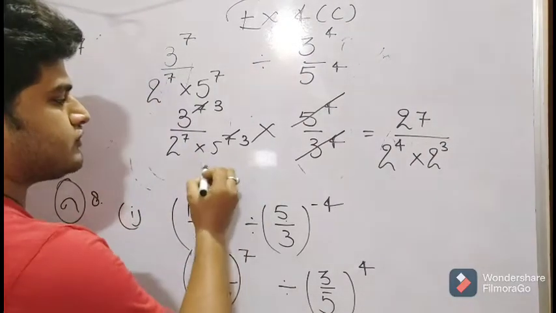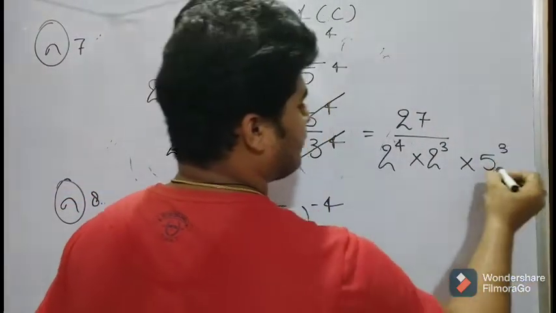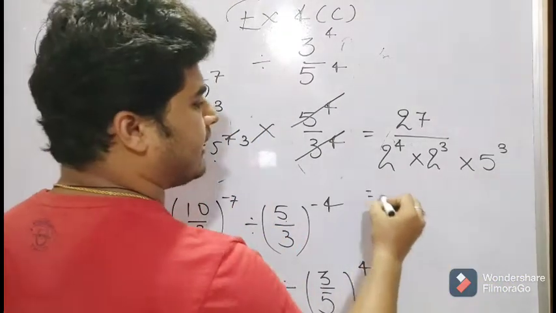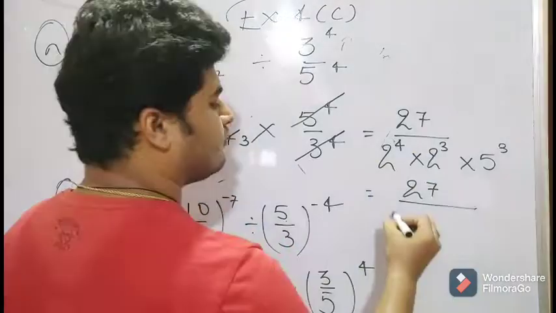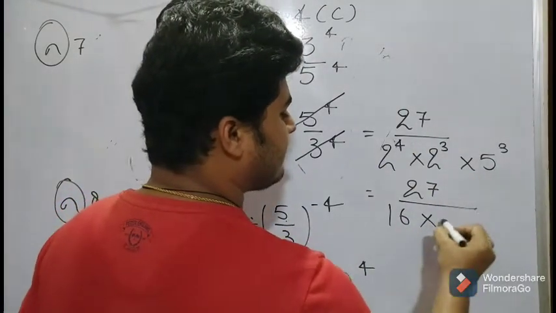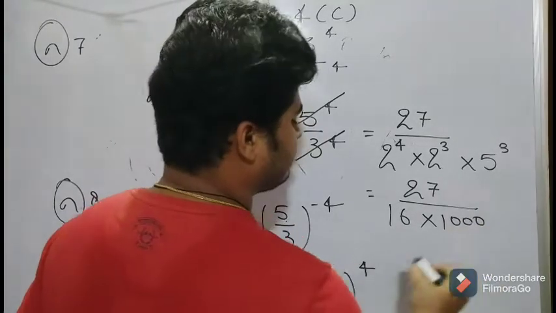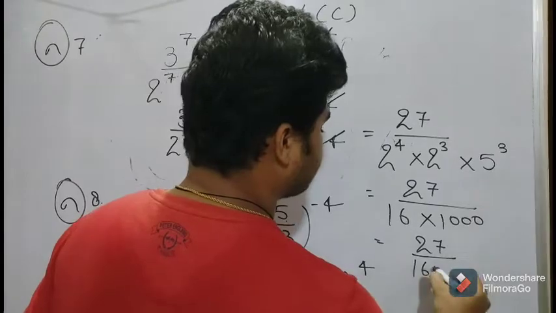Now why am I doing this? Because there is 5 to the power 3, so 2 and 5 both will have the same power and they will be multiplied. So it will become 27, 2 to the power 4 will become 16, and 2 into 5 will become 10. 10 to the power 3 will become 1000. So the answer will be 27 upon 16,000.